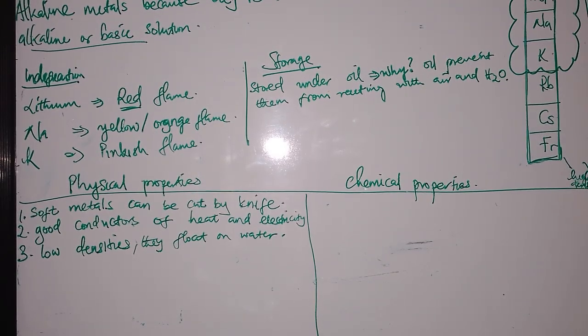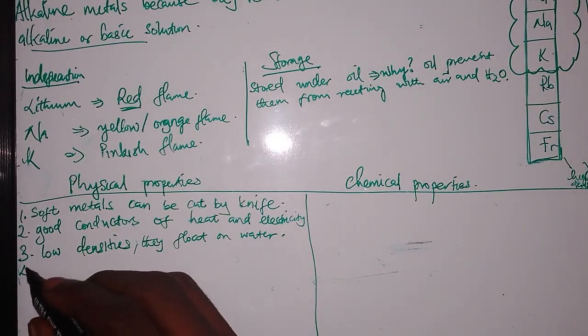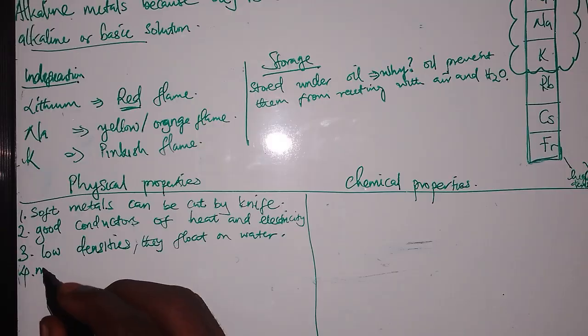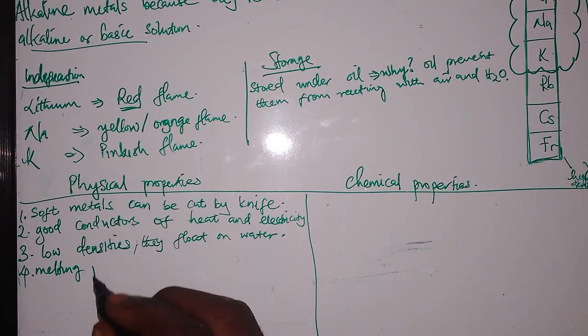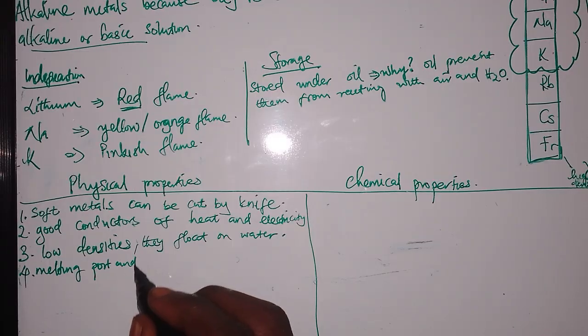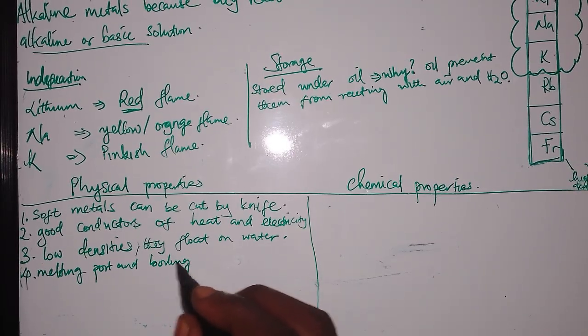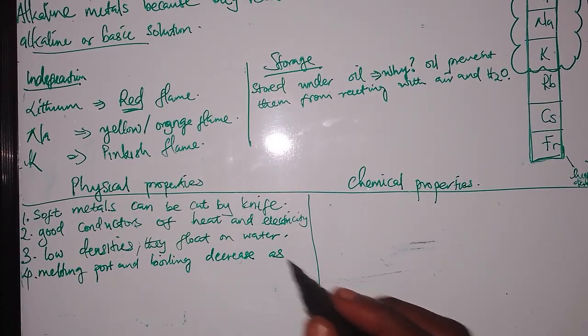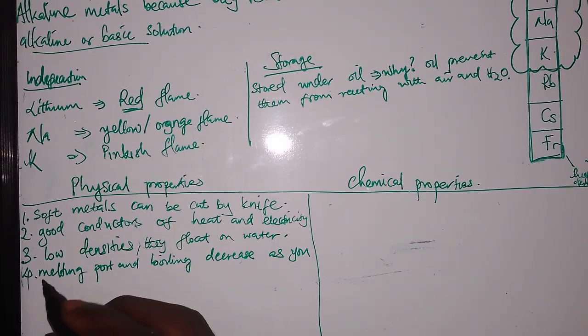Then the fourth thing is the melting point. The melting point decreases as you go down. Remember, the density increases as you are going down, but the melting point and boiling point decrease as you go down.